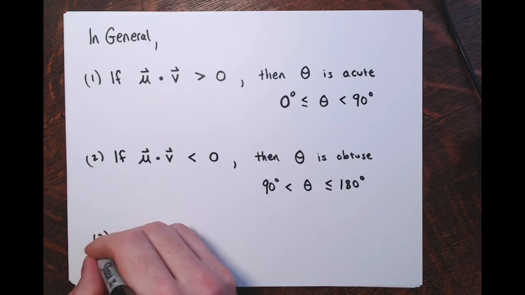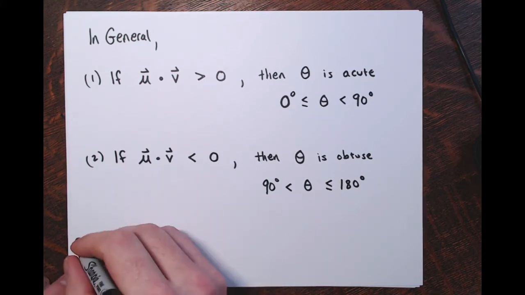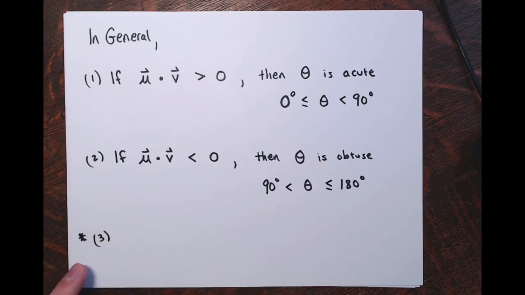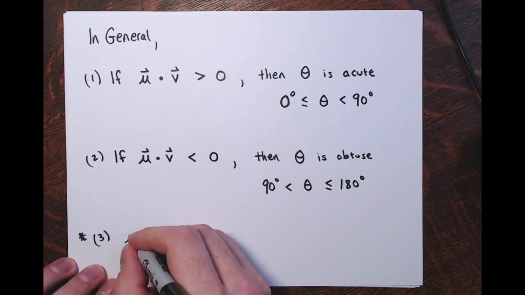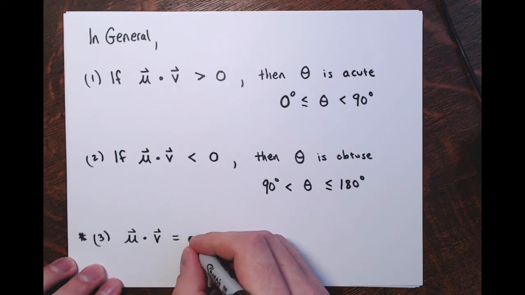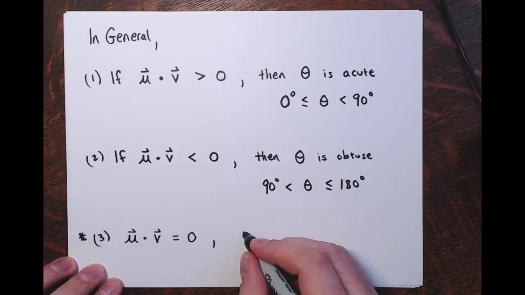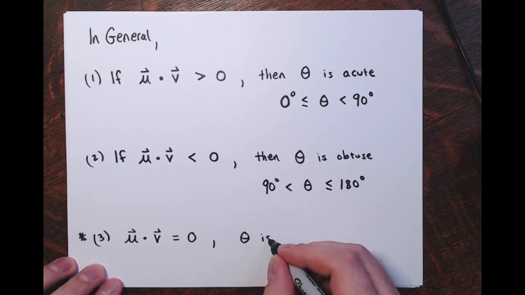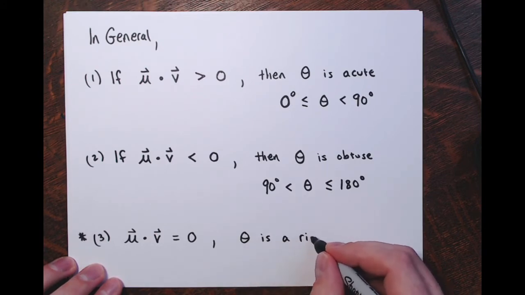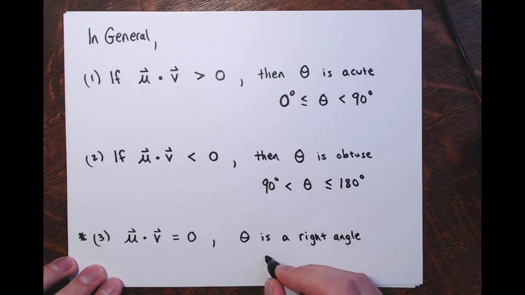And then this is actually mentioned in the book here, this third one, and I'll put a little star next to it because this is important. This third concept comes up a lot. If the dot product of two vectors is equal to 0, then theta is a right angle, is equal to 90 degrees.